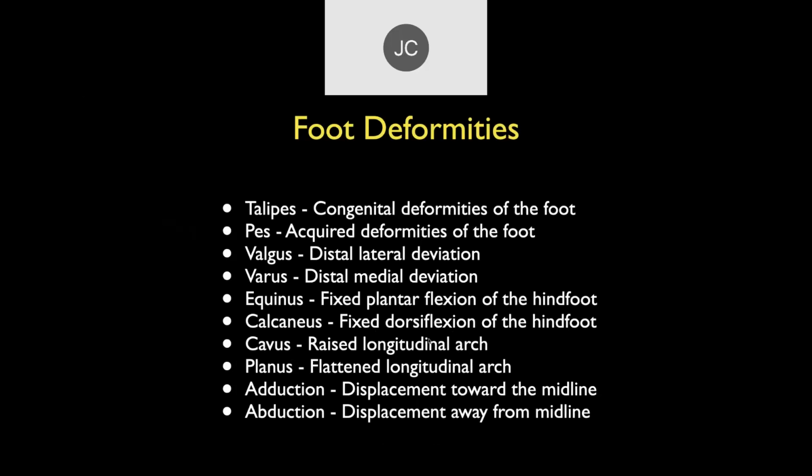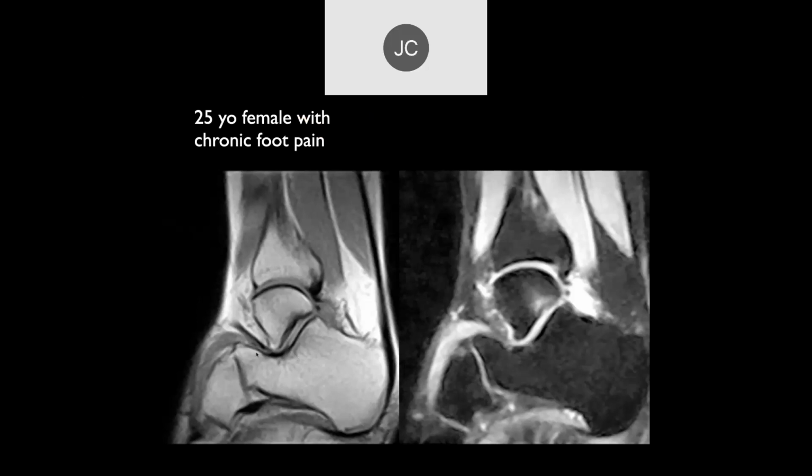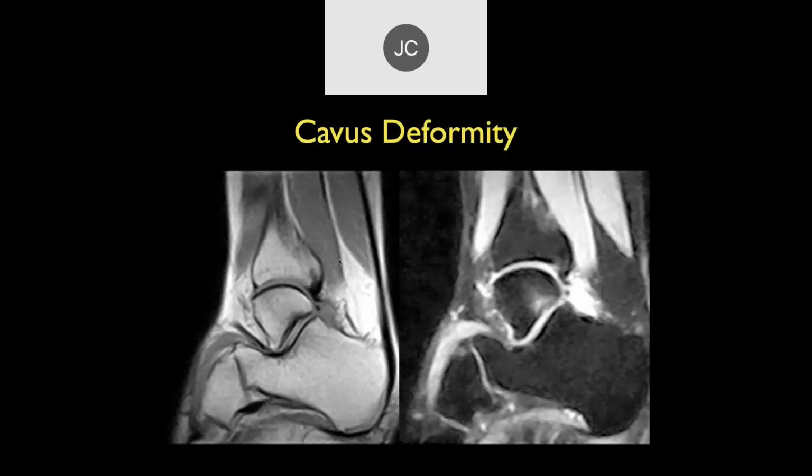And cavus is a raised longitudinal arch. And this is actually a cavus deformity, which unfortunately I don't have good examples of all of those to go over with you. But this is a cavus deformity and is a significant problem in young children.